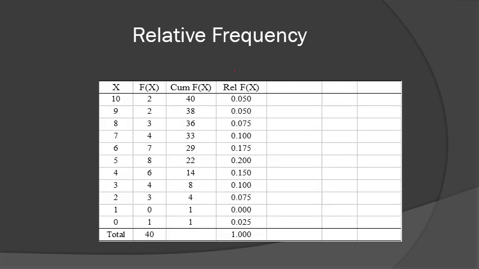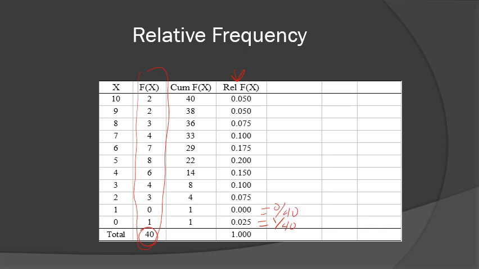So now we've got our column for relative f of x. We're going to take each one and take our frequency column and divide by our n, our total, which is 40. This one is equal to our frequency there, which is 1, divided by 40. This one is equal to 0 divided by 40.